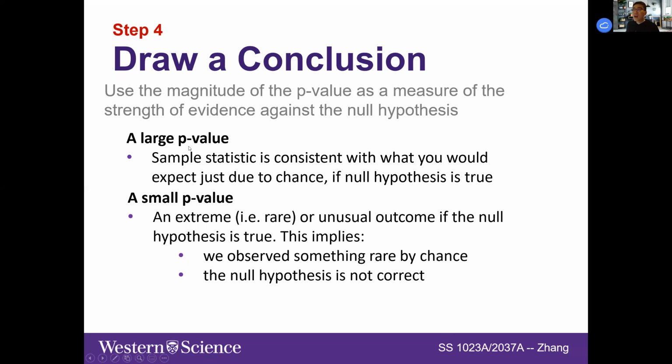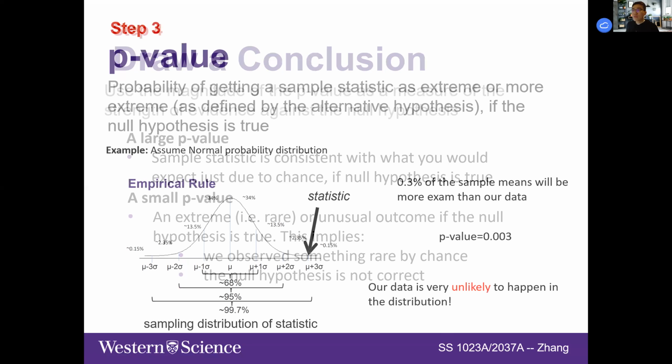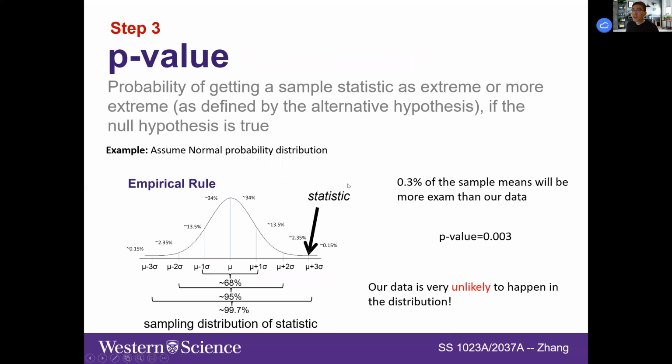A large p-value means the probability of observing our current data is large, which means probably our null hypothesis is true, because based on our null hypothesis, we have a very large probability of observing our current data.